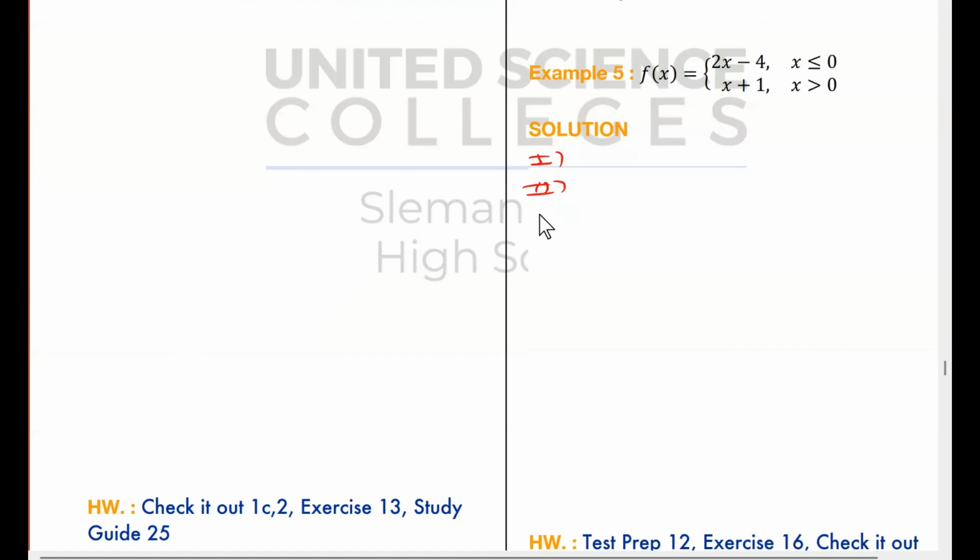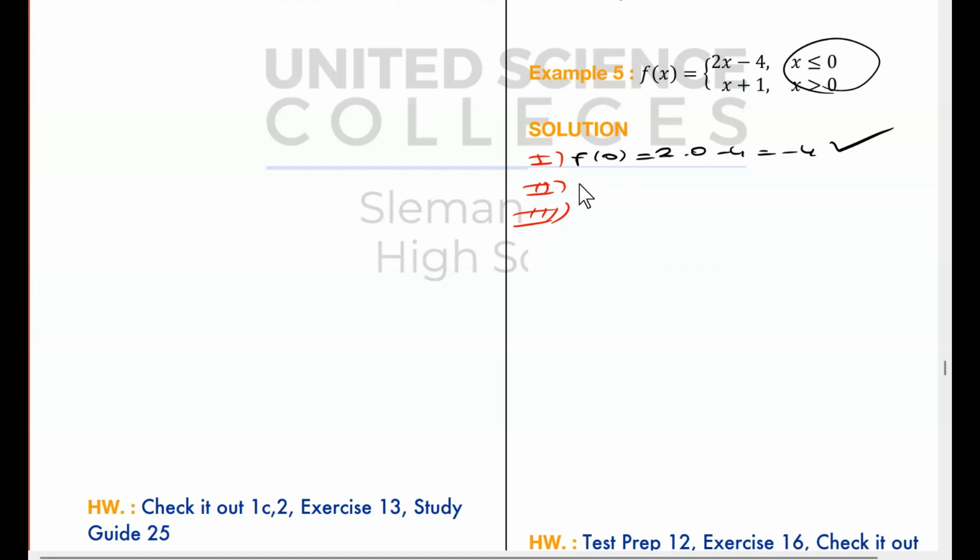The first condition is, is the function defined at the breakpoint 0? Let's see. What is f of 0? f of 0 is equal to 2 times 0 minus 4, which is minus 4. It is defined, so the first condition is satisfied.